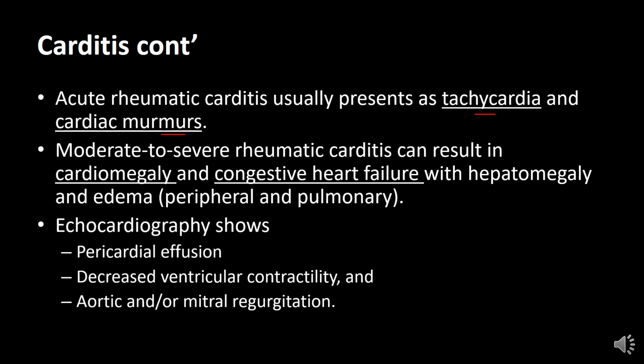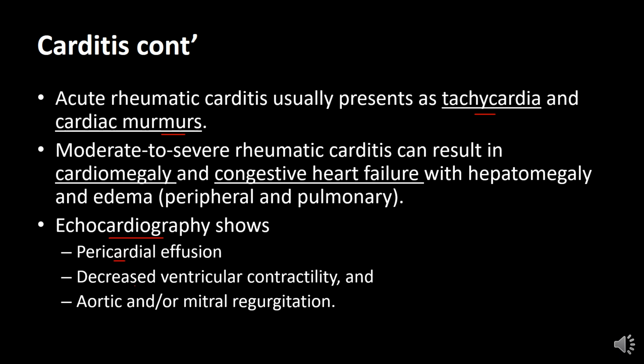Now, if a child presents with carditis when they're having acute rheumatic fever, the way to confirm that is to do an echocardiography. What the echo will do is show you pericardial effusion.